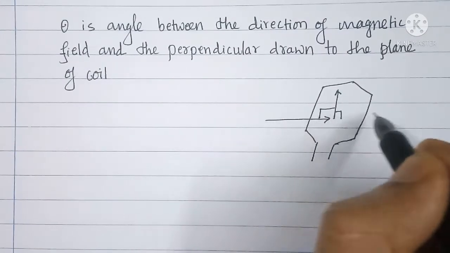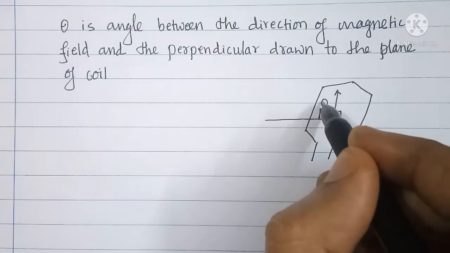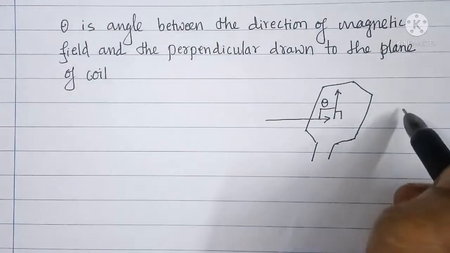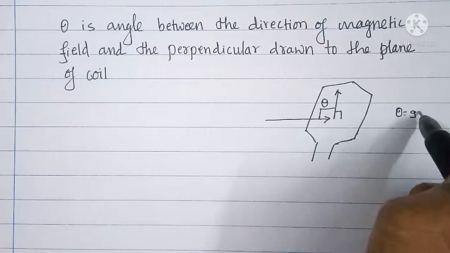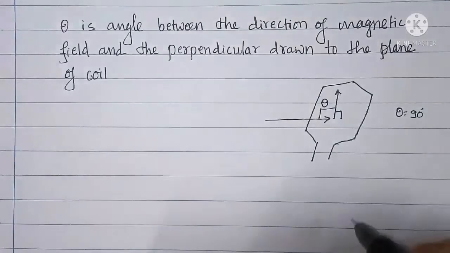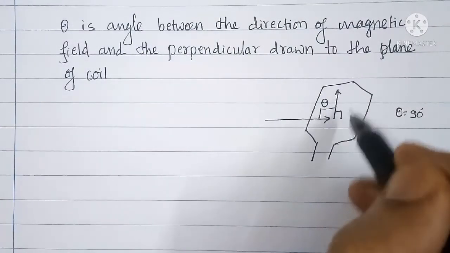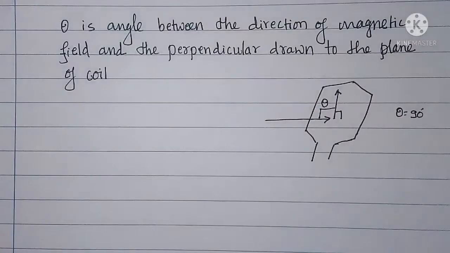So for this case, theta is equal to 90 degree. But actually, as the coil keeps on rotating, theta keeps on changing.